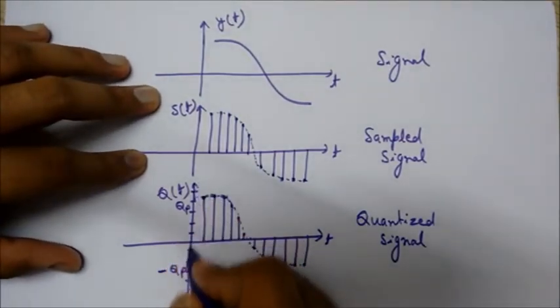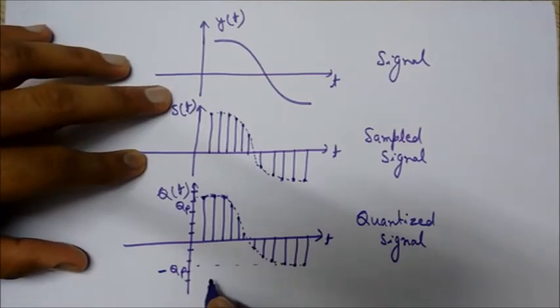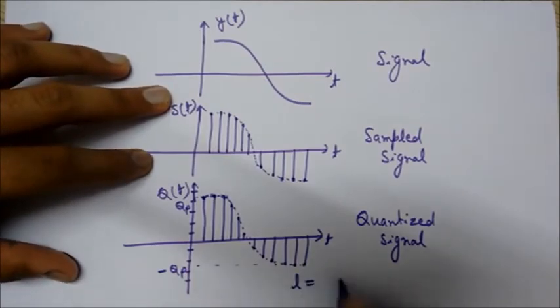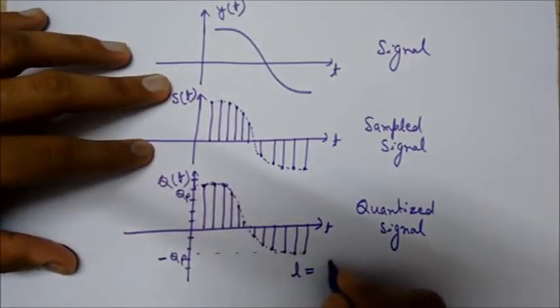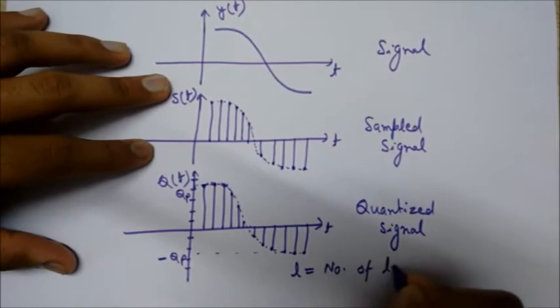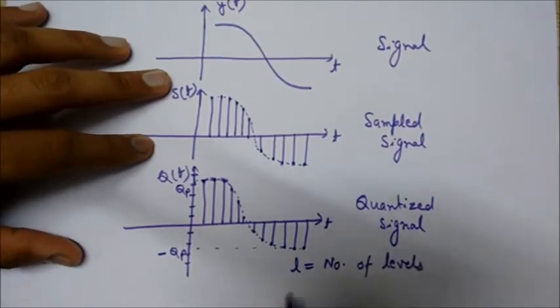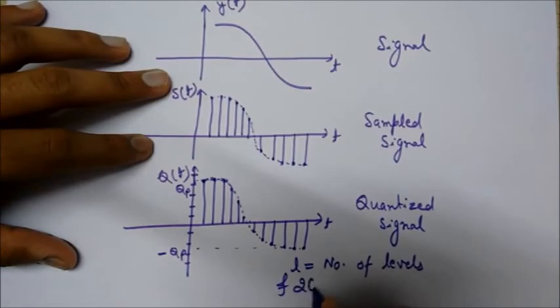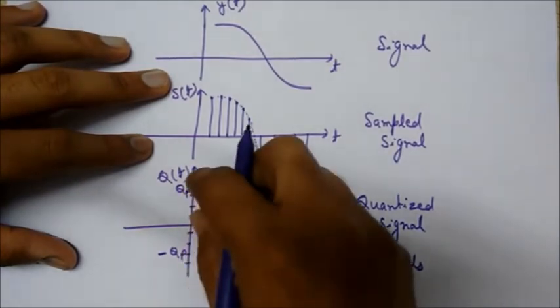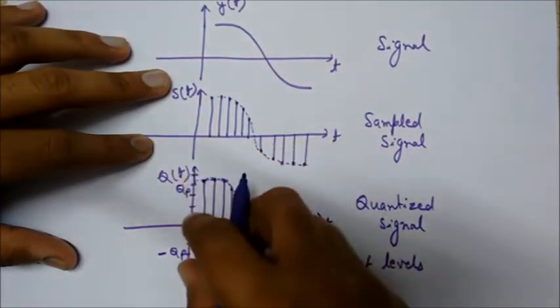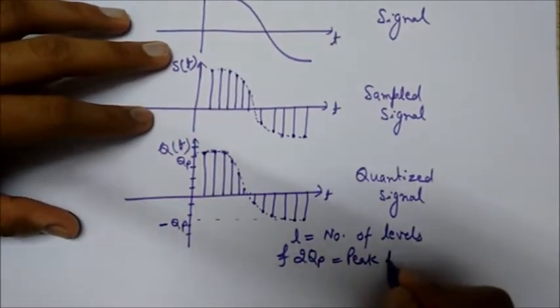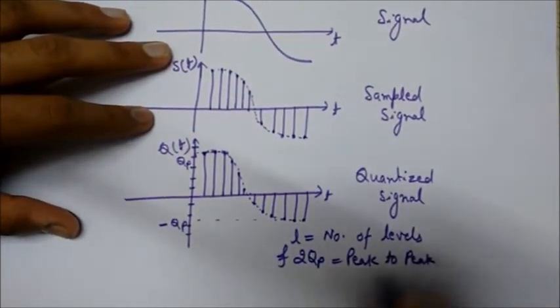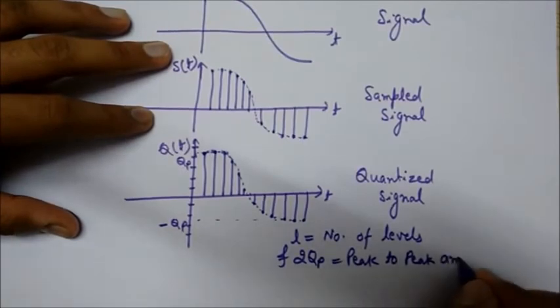So if I'm cutting it into L levels, then L is the number of levels. You can see this is QP, and here it is again QP. The QP and QP together become 2 QP, which is the peak to peak amplitude.